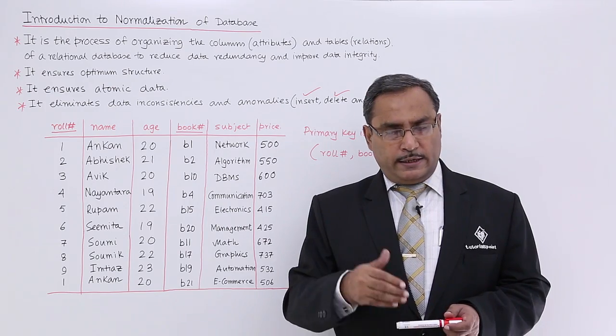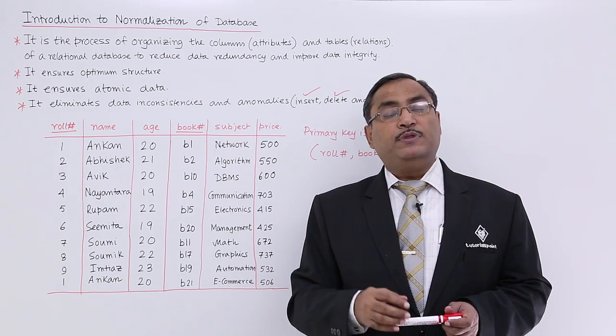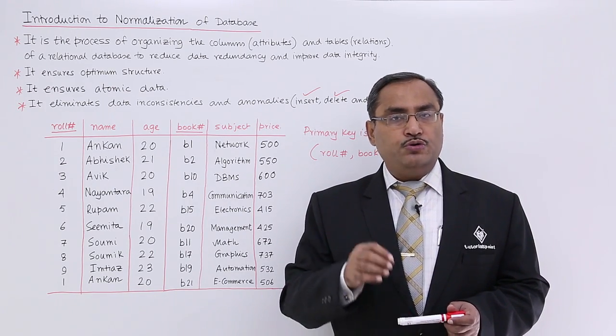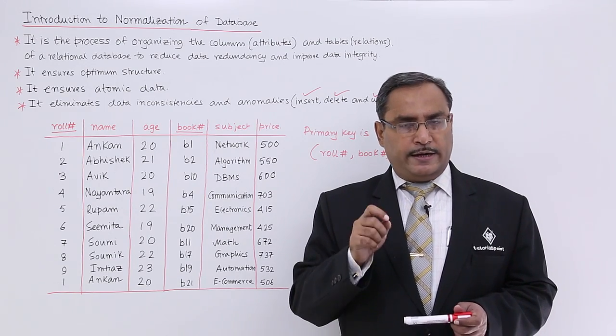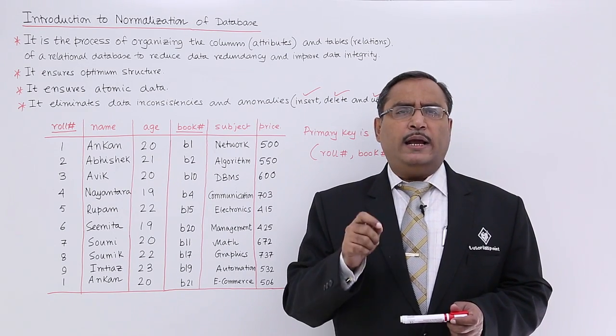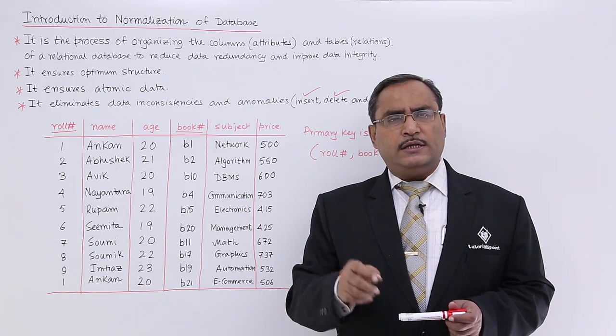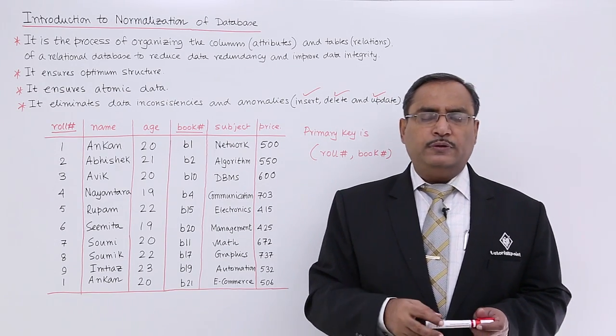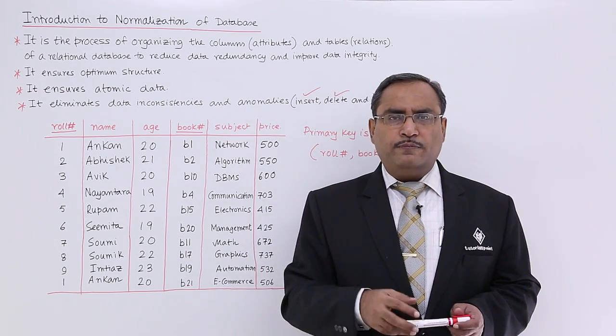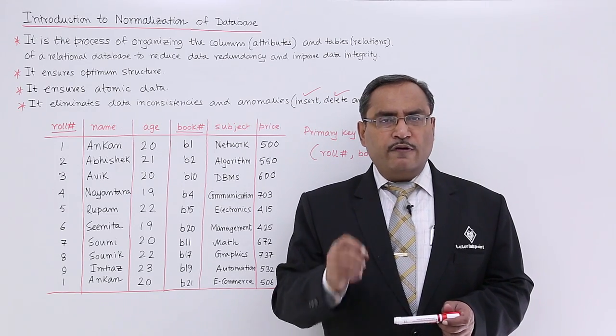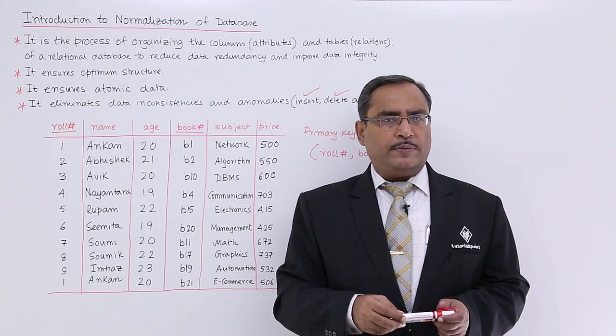So that's why in the next videos we shall discuss different normal forms to reduce or eliminate data redundancies, to eliminate inconsistencies in the database, to improve the database structure, to improve data integrity, and to remove anomalies from the database.